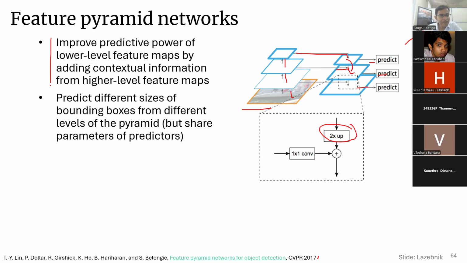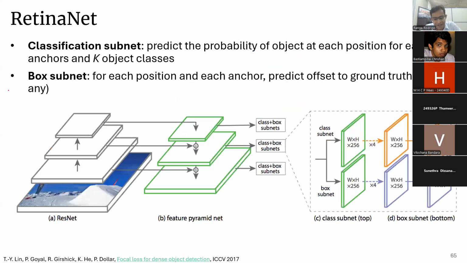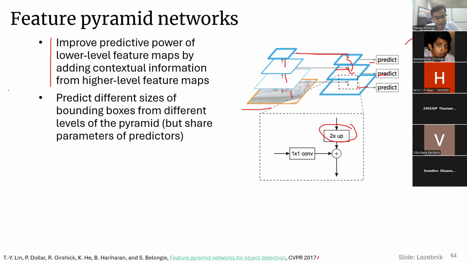This improved the predictive power of the lower level feature maps by adding extra contextual information from higher level feature maps, and predicts different sizes of bounding boxes from different levels of the pyramid, but with shared parameter predictors. This is the contribution made by feature pyramid networks, popularly known as FPNs.